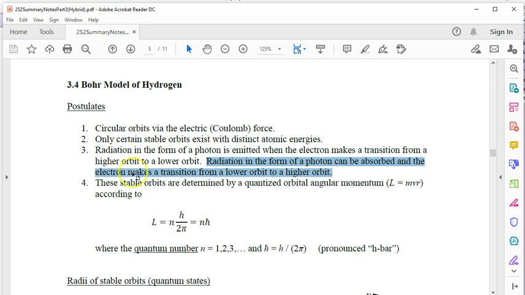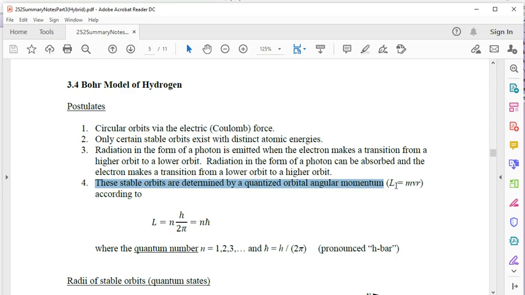But what he says is these stable orbits are determined by having only certain values of orbital angular momentum. They are quantized values. The orbital angular momentum is quantized. And this is the quantization right here.